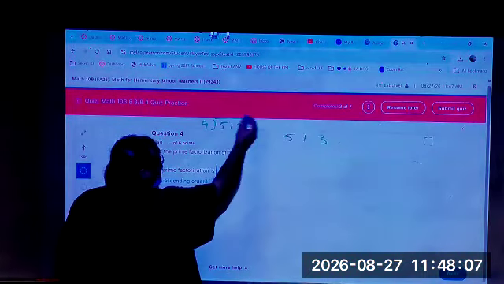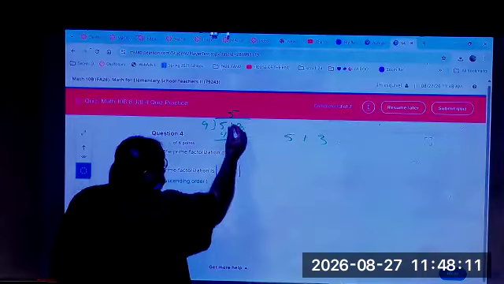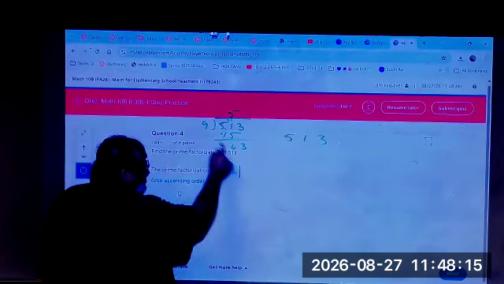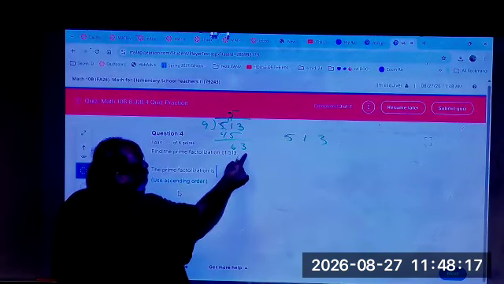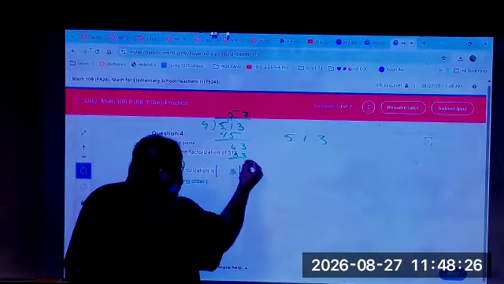9 goes into this 5 times, we get 45. 3, borrow, 11, well, 63. 9 goes into 63, how many times? 7 times. So 9 times 7 is 63, so it's 0.